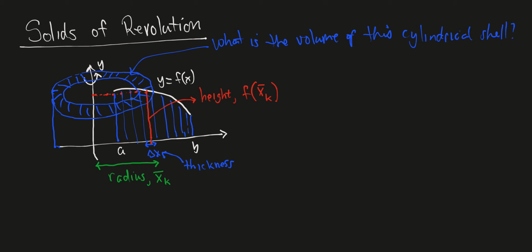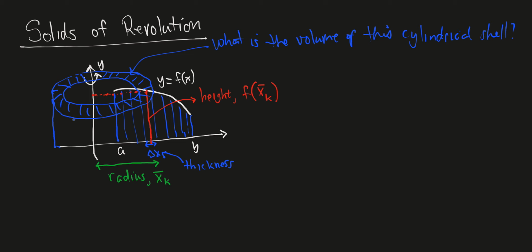Well, the thing about the cylindrical shell is that if we could figure out the distance all the way around the shell, and then multiply it by its height and the thickness, that would give me the volume, right? So think about it.